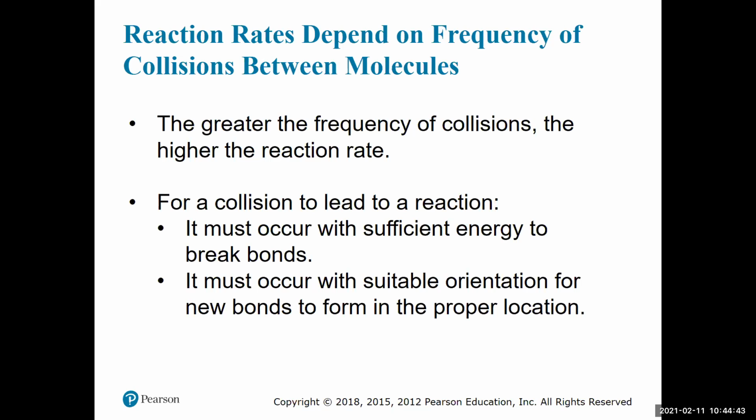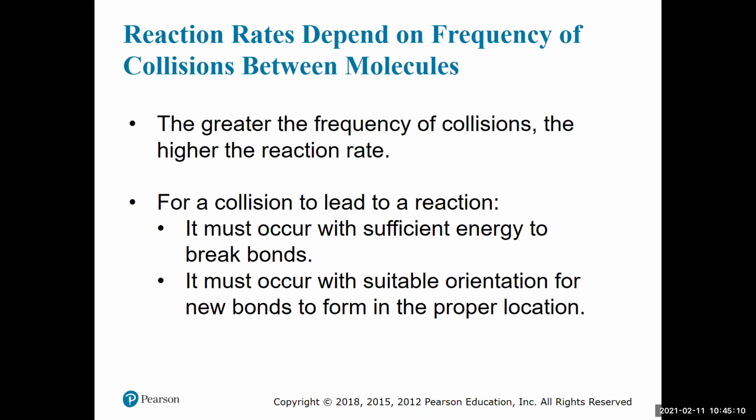So that collision must happen in a way that there's enough energy that gets transferred into the bonds to break them. And then the third thing that needs to happen is that the molecules have to be oriented in the correct way when they collide, so that you're breaking the right bonds and then you're forming the right bonds in the right location.